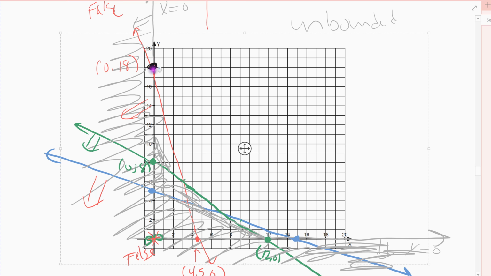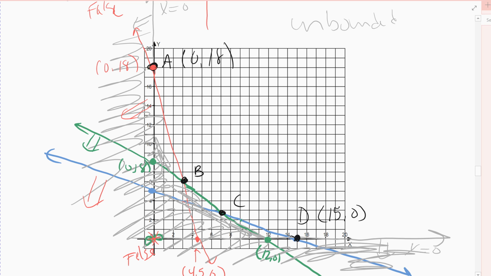This is a corner point at 0, 18, so I'll call that corner point A. I've got a corner point here, that's B. Got a corner point here, that's C. Corner point here at D, which is the point 15, 0. Alright, so D is easy.